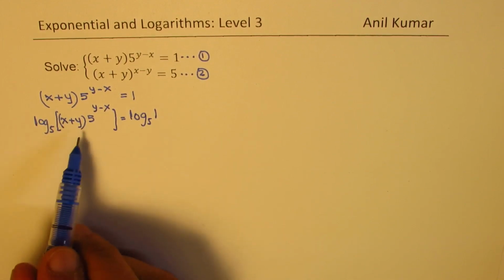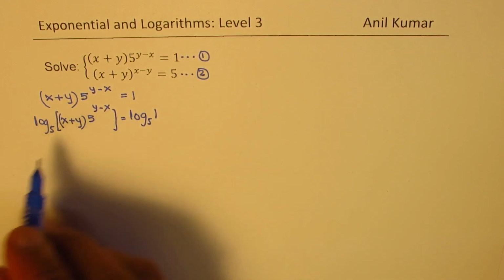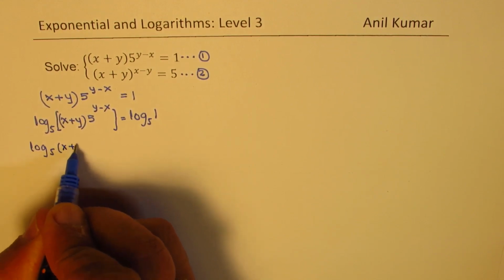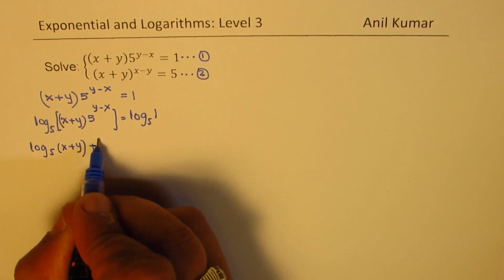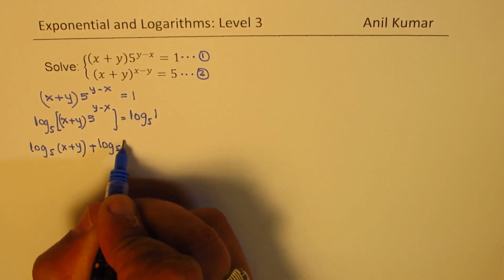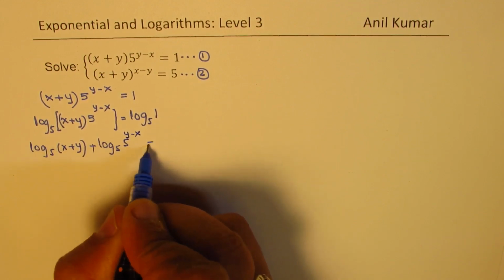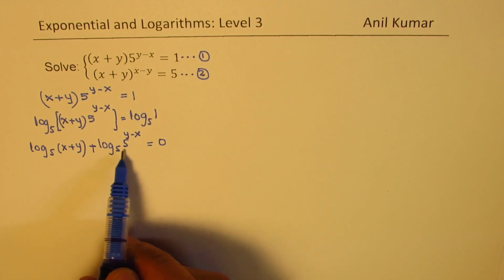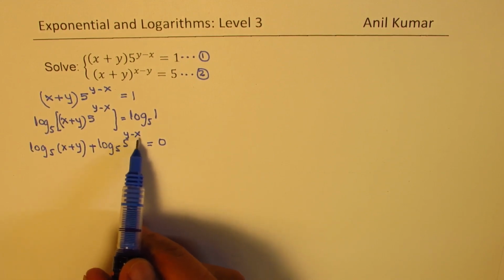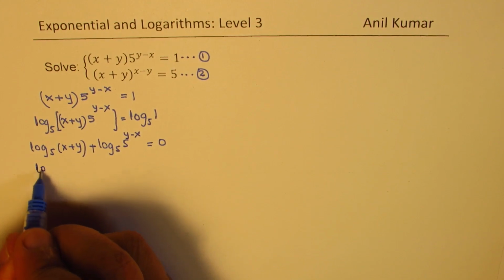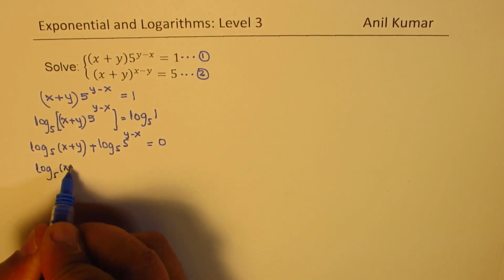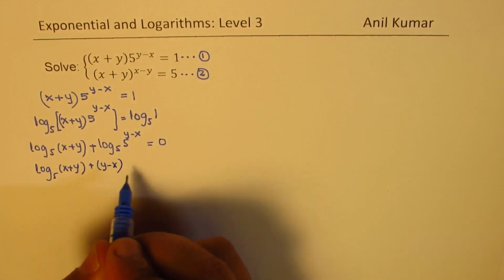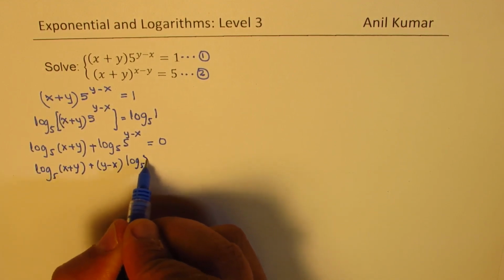Here we can use the product rule, so you could write it as a sum. So we get log to the base 5 of (x plus y) plus log to the base 5 of 5 to the power of y minus x equals 0. Now log to the base 5 of 5 to the power of y minus x is (y minus x) times log to the base 5 of 5.